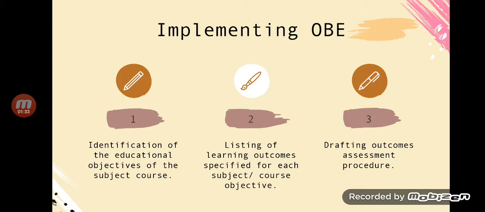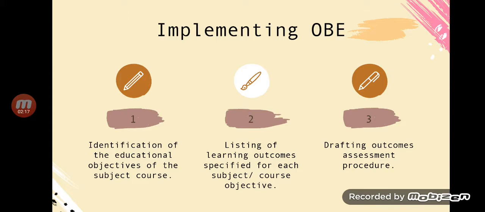Now, to implement outcomes-based education, we have three important procedures. First one, let us identify the educational objective of a certain course or subject. And be sure that these educational objectives should be also stated on the point of view of the teacher. But remember, these objectives are broad goals that the subject or the course expect to achieve, and it also defines the general terms of knowledge, skills, and attitude that the teacher will help the student to attain.